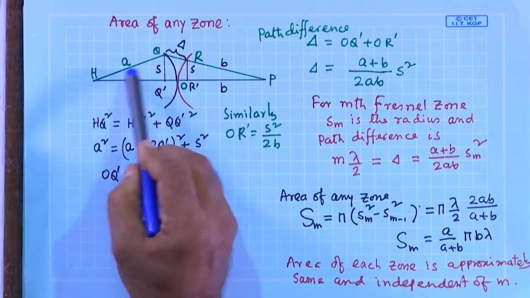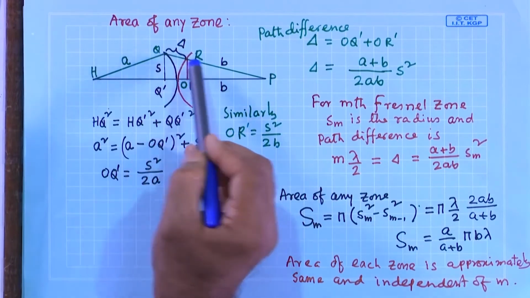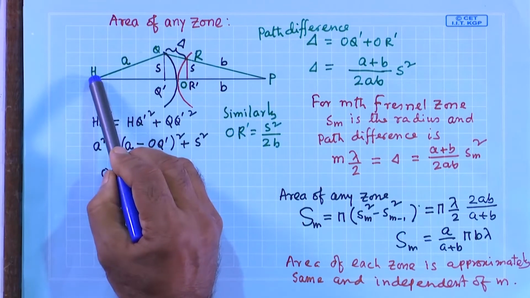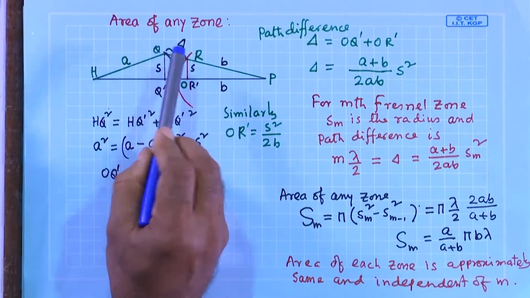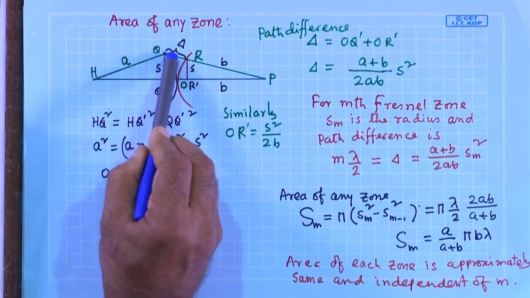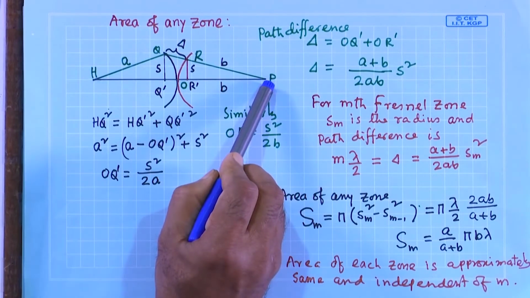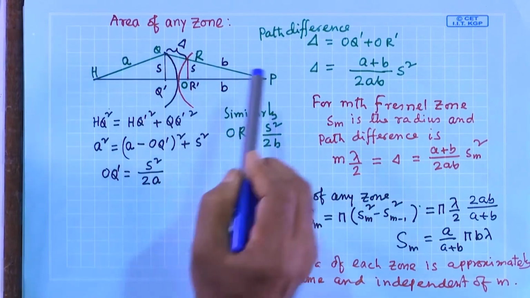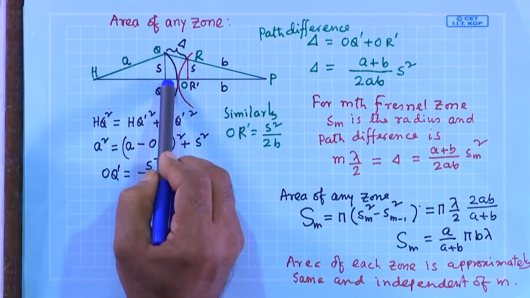Another light, if you consider this point on the wavefront, is coming from H, and then from this wavefront the light is reaching here at P. So, what is the path difference between these two?